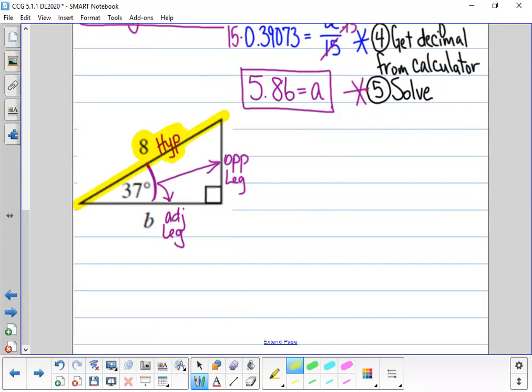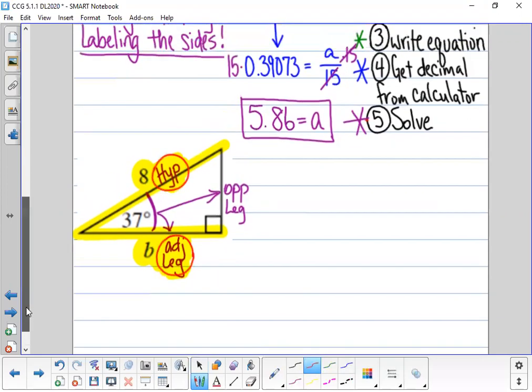That's my hypotenuse. I have this variable right here, b. So I'm going to highlight that side. That's my adjacent leg. So by highlighting, I can kind of look and see what I have the values and the variables for, and that will help me decide which trig ratio to use. So I have hypotenuse and adjacent leg.